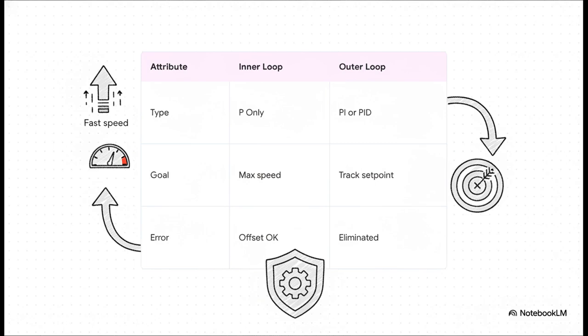A steady-state offset is totally acceptable here, because any baseline drift will naturally be caught and managed by the outer loop anyway. That outer primary loop uses your standard PI or PID control for absolute setpoint tracking, where error has to be eliminated. The big takeaway for us is that standard PID families are perfectly sufficient, proving just how inherently robust and forgiving this Cascade architecture really is.